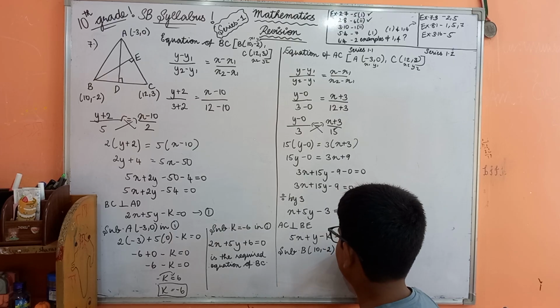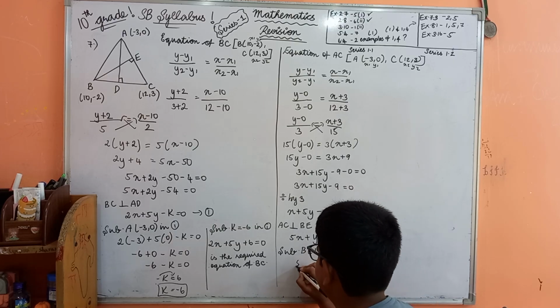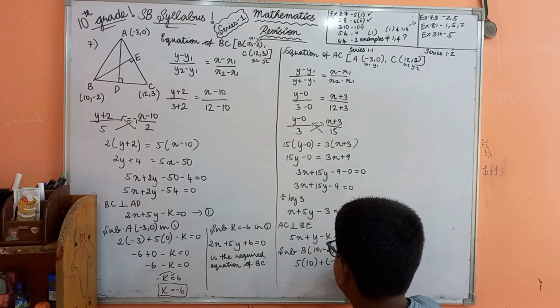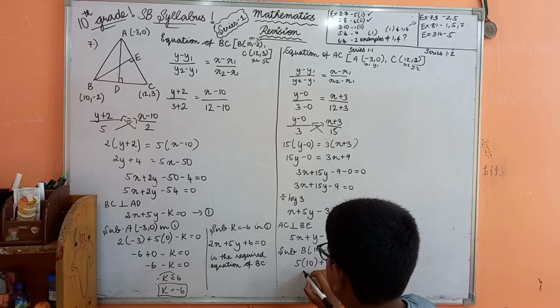Substituting 5 times 10 plus minus 2 minus k is equal to 0. So 50 minus 2 minus k is equal to 0, and we get 48 minus k is equal to 0.